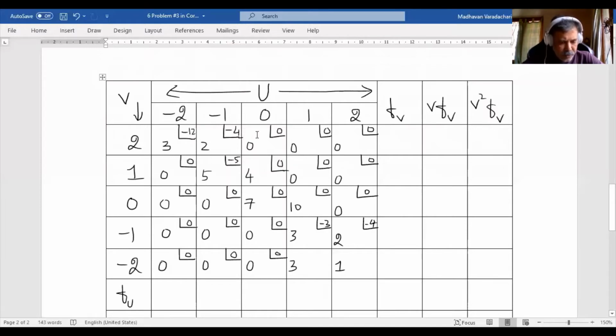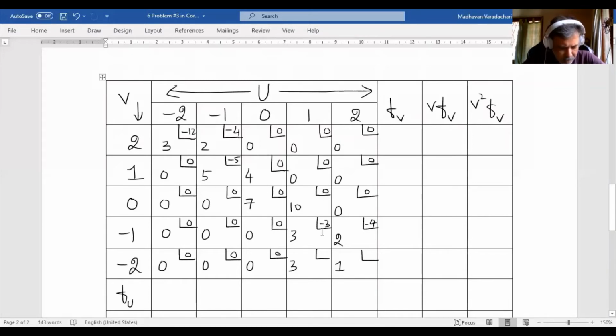-12, -4, 0, 0, 0, 0, -5, 0, 0, 0. All this will be 0, right? Here, this is 0, 0, 0. Here, one more is missing here. This 0, 0, 0.